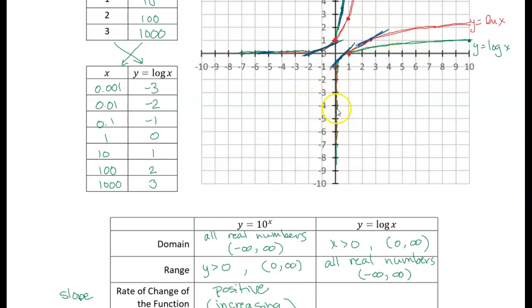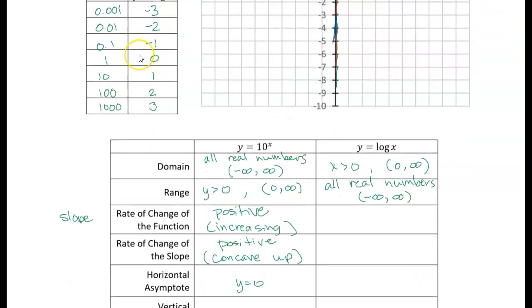Now down here, it's definitely positive, and it's very steep. So the slope is always positive, just like our 10 to the x, which means it's an increasing function. It's increasing everywhere.